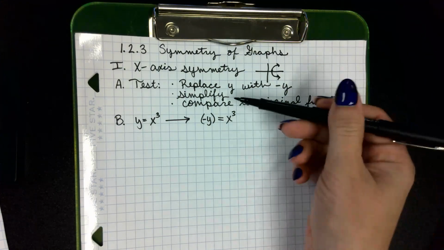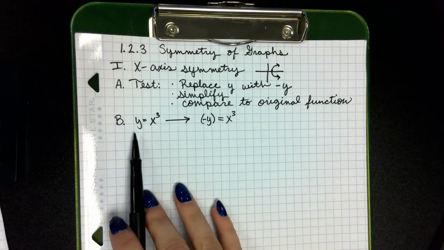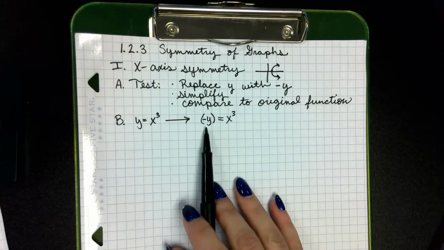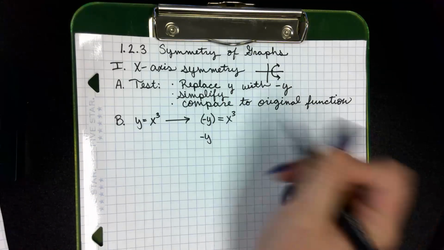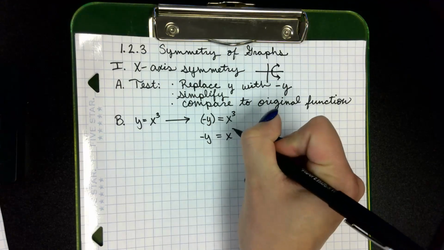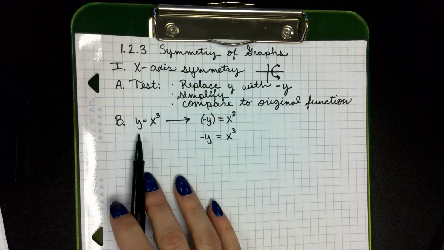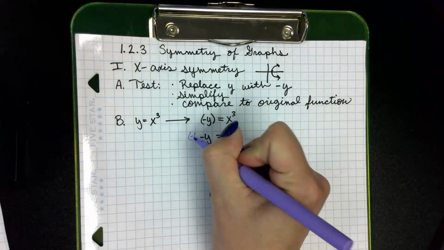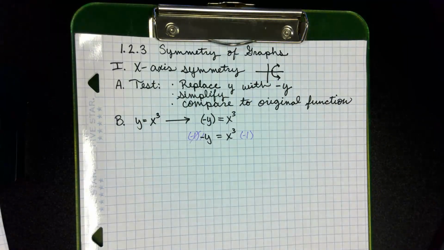Next step is to simplify. We want to simplify to where the left side is the same, and then we'll compare the right sides. Negative y in parentheses, those parentheses are not doing anything. So negative y equals x to the 3rd power. We want to match the left side. We started with a positive y on the left. That is a negative y on the left. So if we multiply both sides by negative 1, it takes care of that negative.